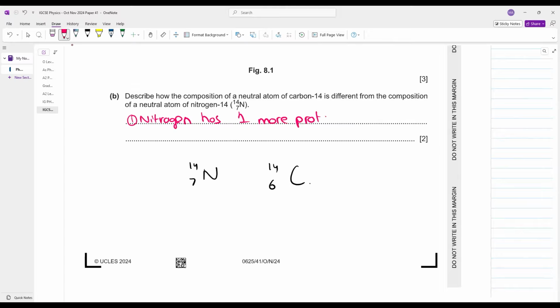What else? अगर यहाँ पे आप नंबर ऑफ न्यूट्रॉन्स निकालो ऑफ नाइट्रोजन 14 minus 7, 7. Number of neutrons निकालो of carbon 14 minus 6, that is it. So you will say carbon has one more neutron. Easy peasy.